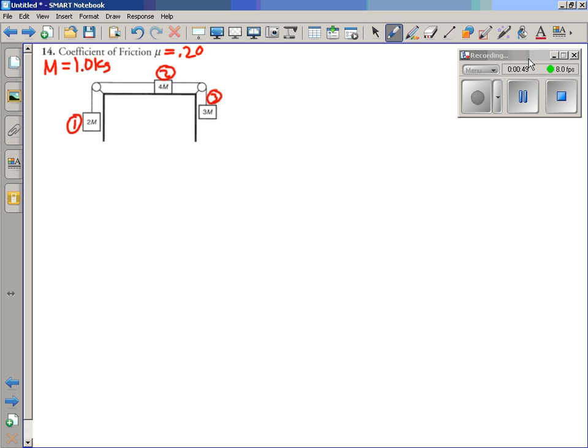And so for the first one, for object 1, the free body diagram for that mass is, well, you have a tension going up, and I'm going to call that tension 1. And you have a mass, so you have force of gravity of object 1, which is equal to mass, which is 2m times g.